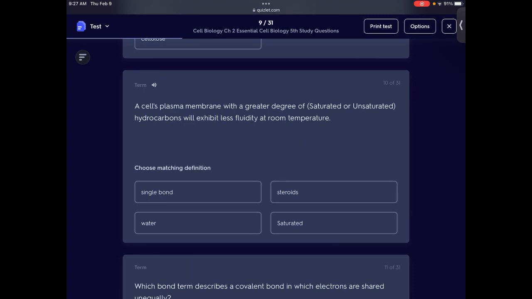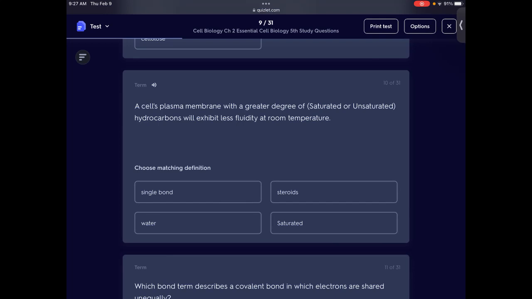A cell's plasma membrane with a greater degree of saturated or unsaturated hydrocarbons will exhibit less fluidity at room temperature. Can't remember this one exactly, but I'm going to go with saturated, because a saturated lipid only has carbon and hydrogen bonds. You don't have any double bonds, which will create kinks, so it's more stable.